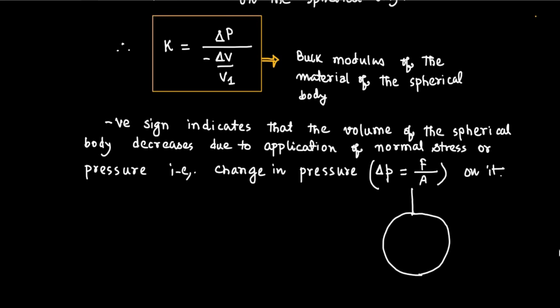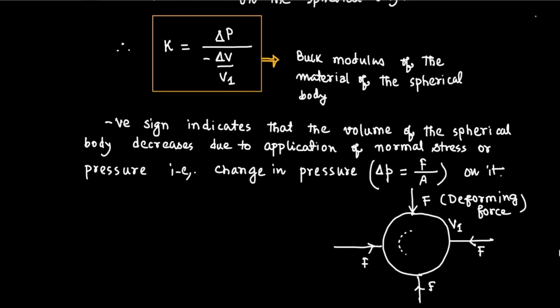Here we can draw the diagram again. This is the spherical body, and a deforming force F is applied normally on the surface of the spherical body. The volume of the sphere decreases from V1 to V2. In this case, A1 is equal to A, which is the initial area, and A2 is the final area. The change in pressure or normal stress is F by A, the deforming force by the initial area.